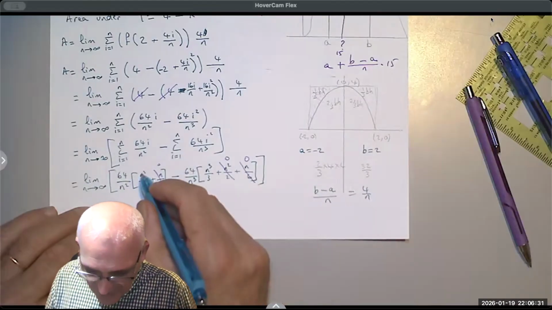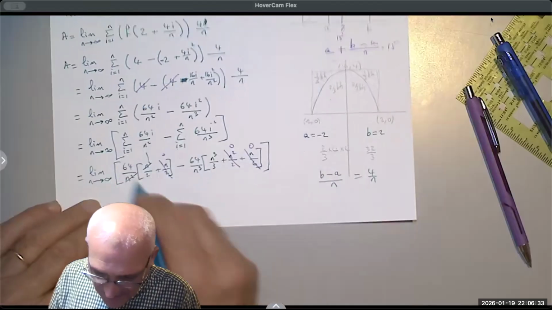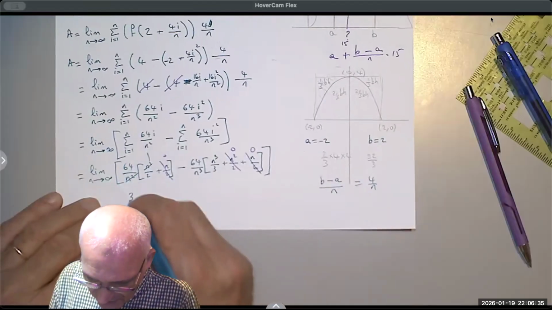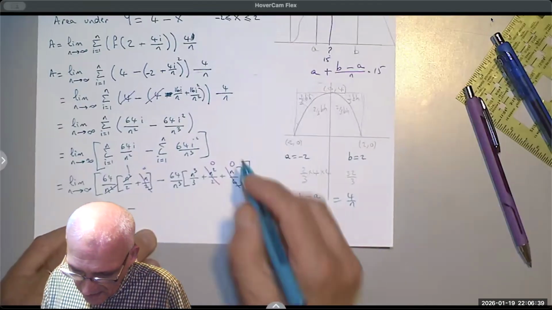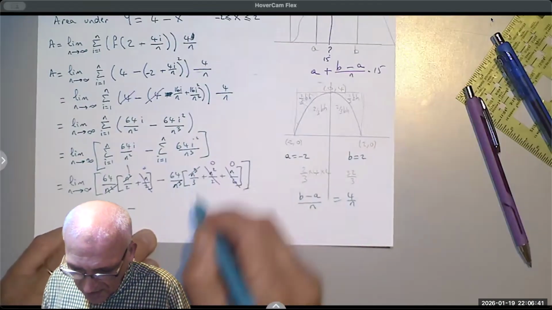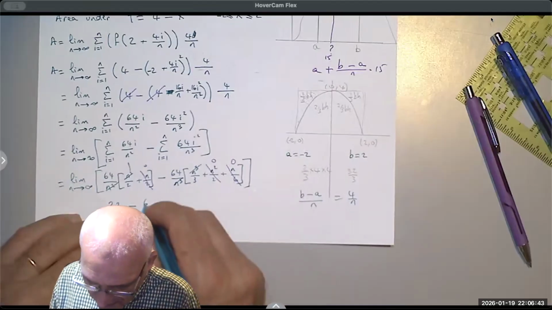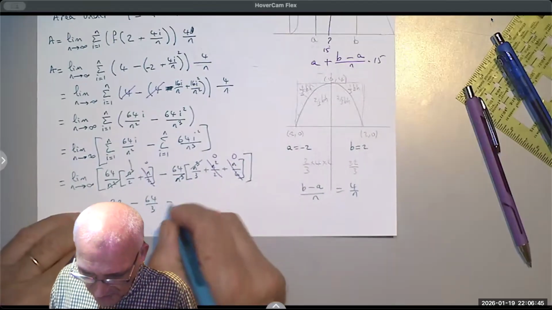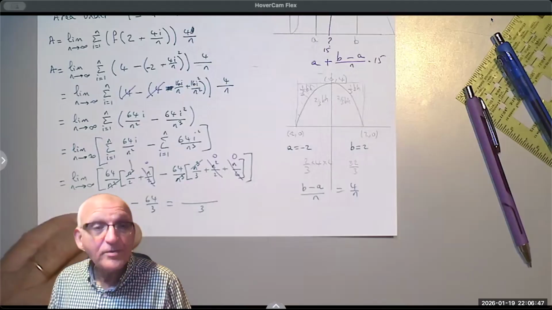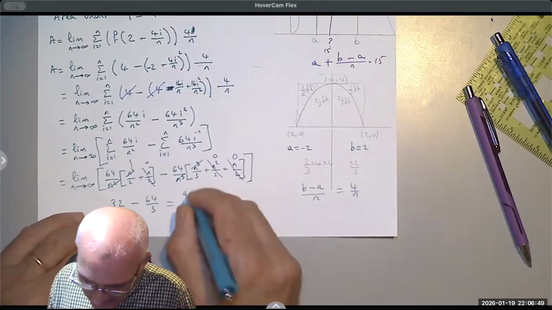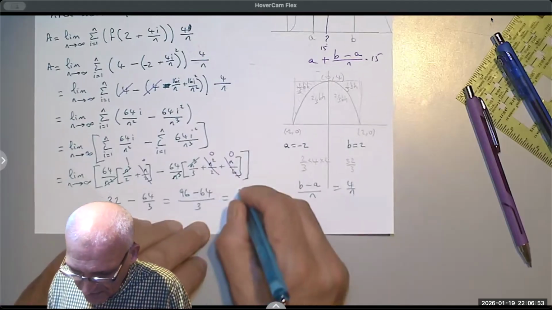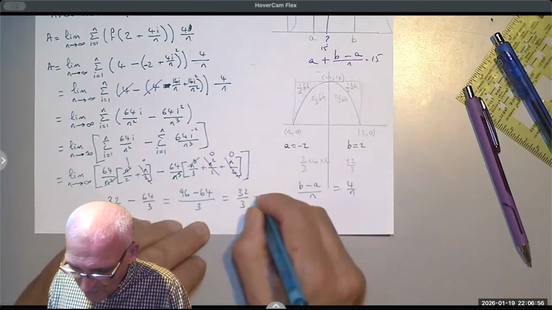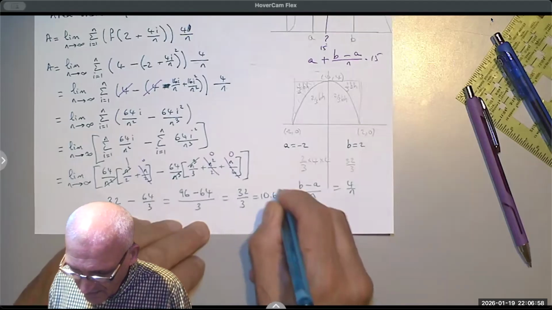Well, the limit of n squared over n squared is 1, and you get 64 over 2, which is 32, minus n cubed over n cubed is 1, 64 over 3. Equals, if I take a common denominator of 3, I get 96 minus 64 over 3 equals 32 over 3 equals 10 and 2/3.